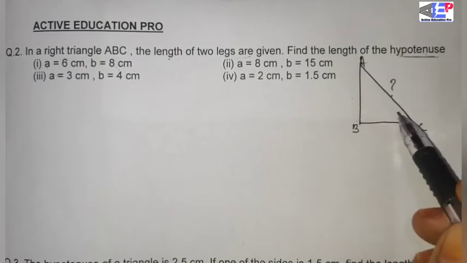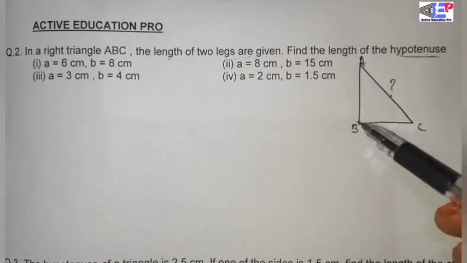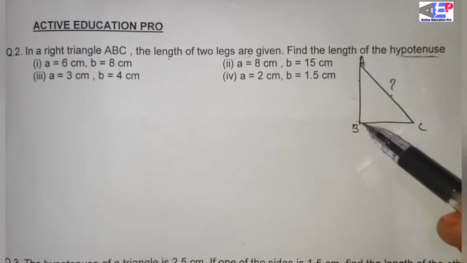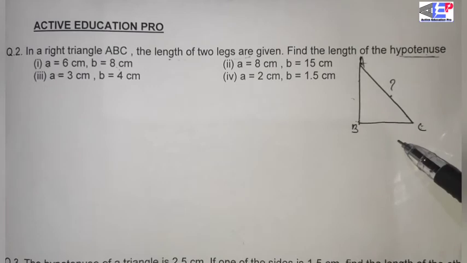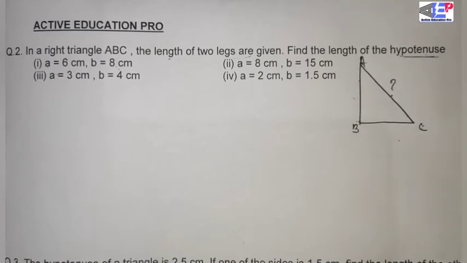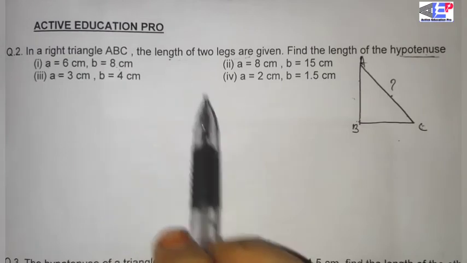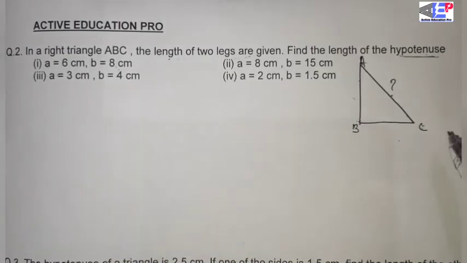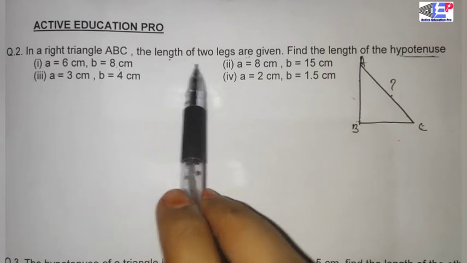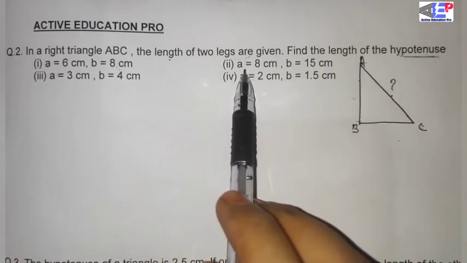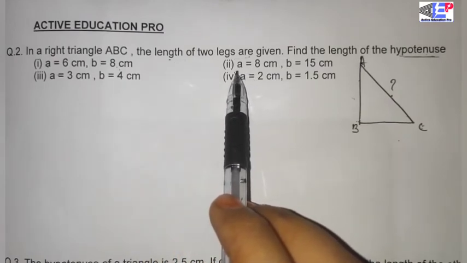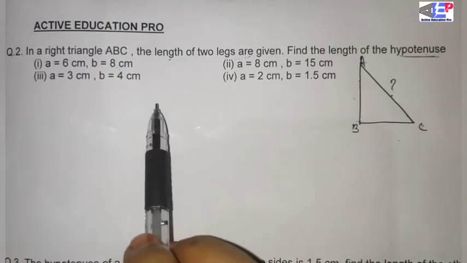Otherwise it is reversed: AB as 8 cm perpendicular, BC as 6 cm base. It depends upon you. It is not a problem, because the question does not specify which is the perpendicular or base; it only says the lengths of the two legs are given.